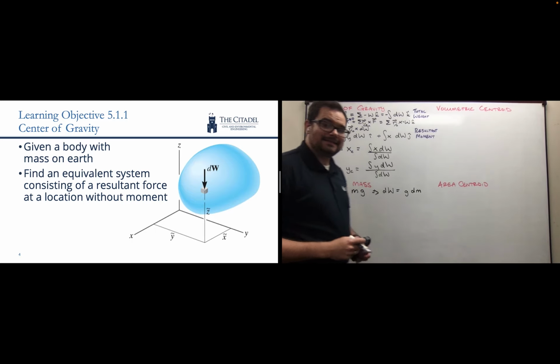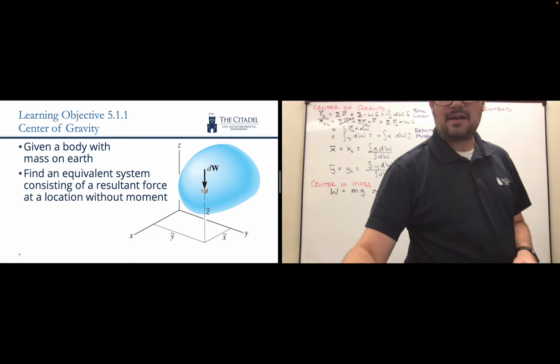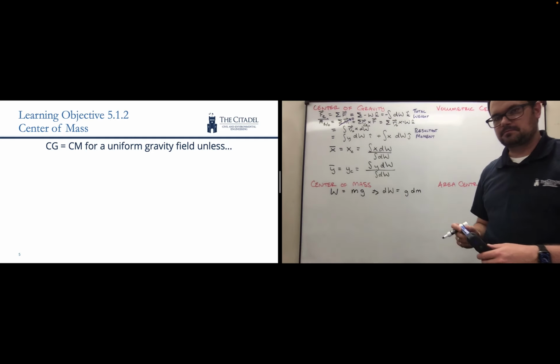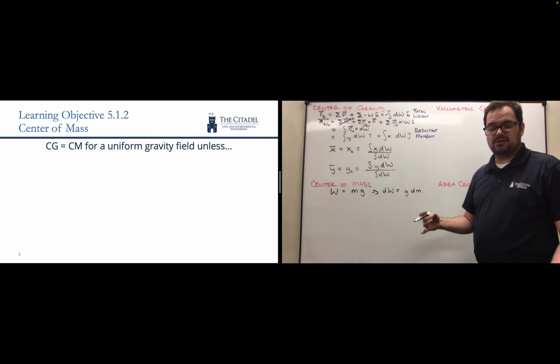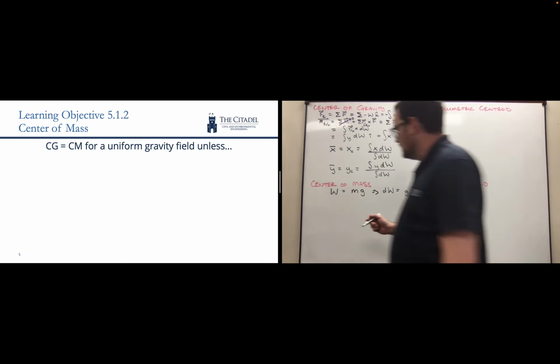Okay? And if we're working in a constant gravitational field, g can be pulled out of the system, and our center of mass and our center of gravity are always going to be equal to the same thing.